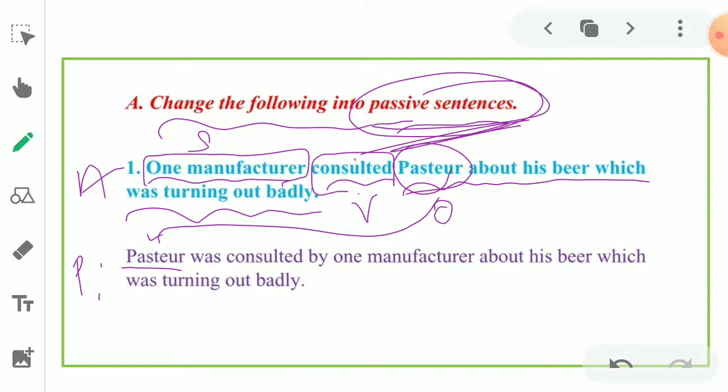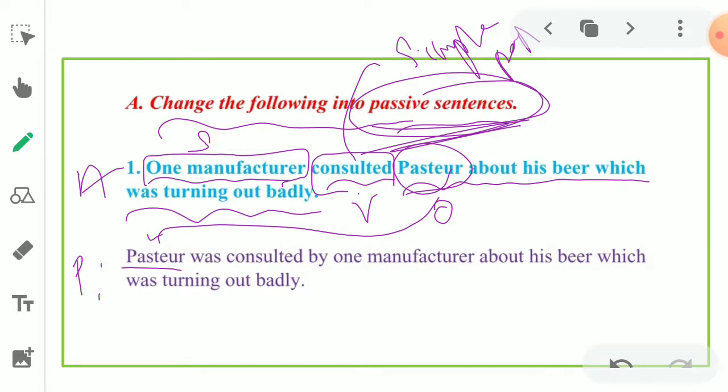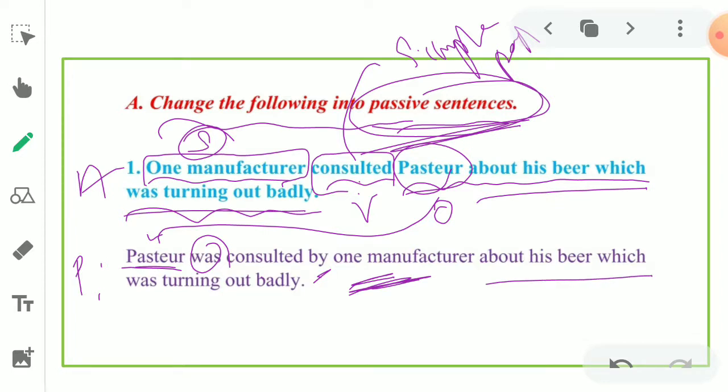Because of the tense form, consulted is simple past. Because of simple past, we are using was, and Pasteur is singular. Then consulted, the V3 form. Then the preposition by, and the subject comes after the V3 form, one manufacturer. Then the continuation of the sentence: about his beer which was turning out badly. Put a full stop. In this way, the statement ends.